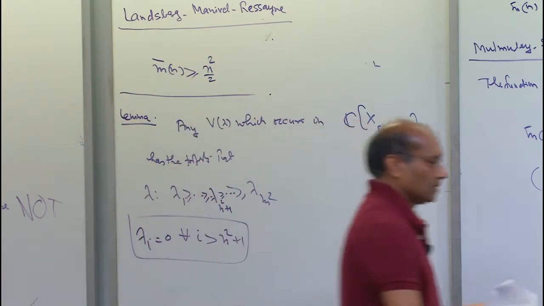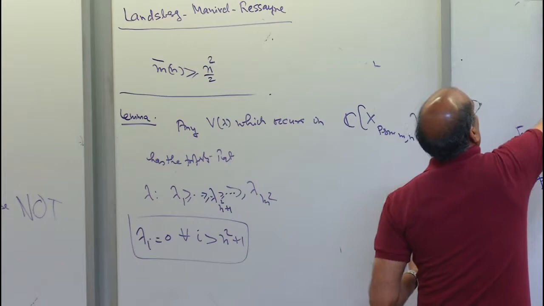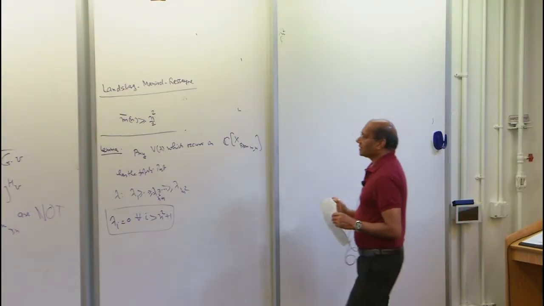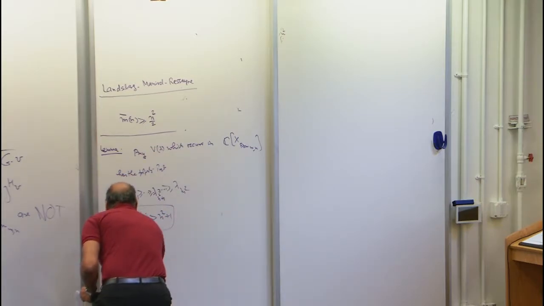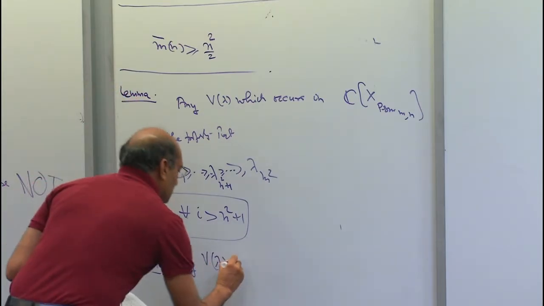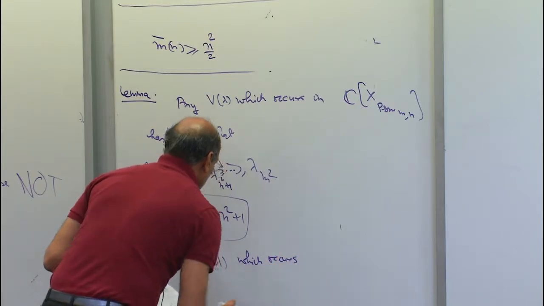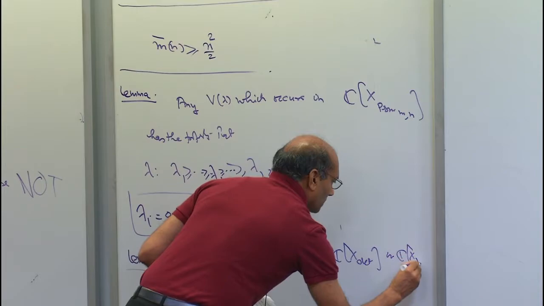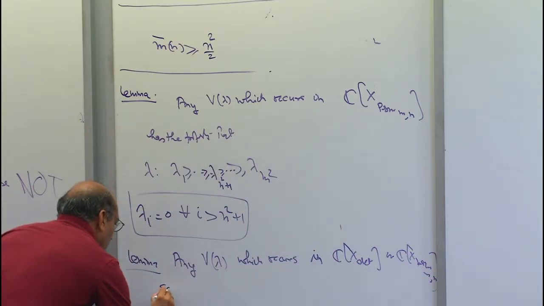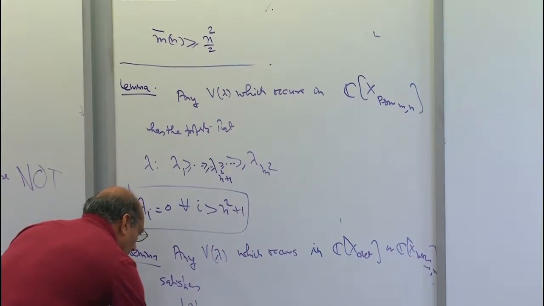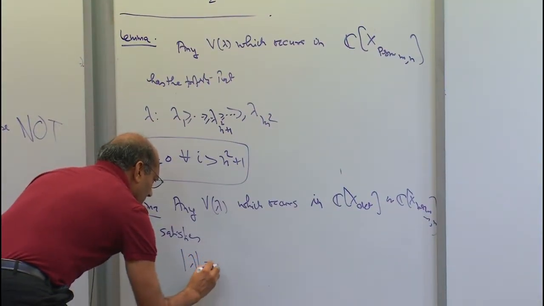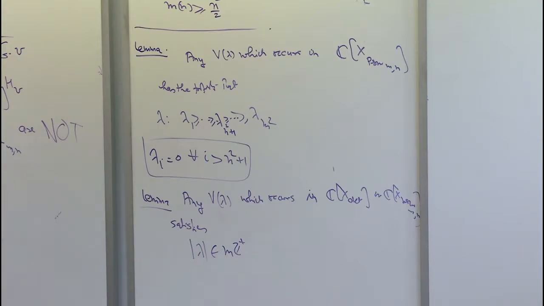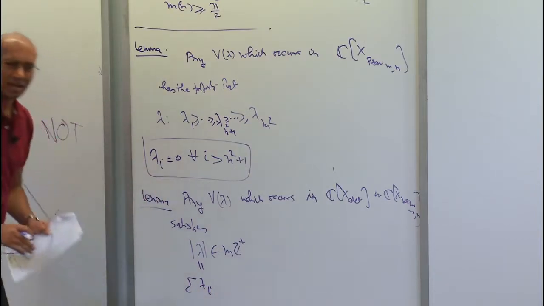Now, okay. Also, there is another simple result, which let me mention: any V lambda which occurs in either of those, in C of X det or C of X perm Mn, satisfies that the total size, the sum of lambda, is a multiple of m. I forget what it's called.